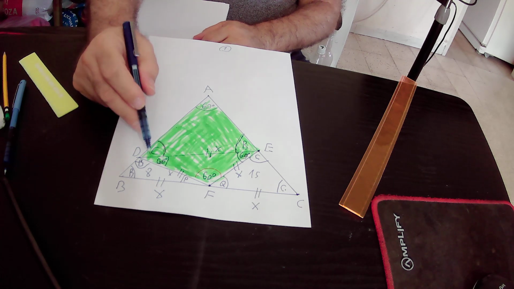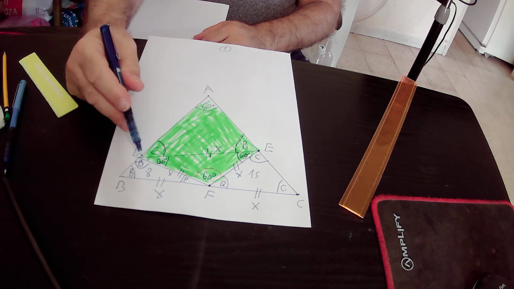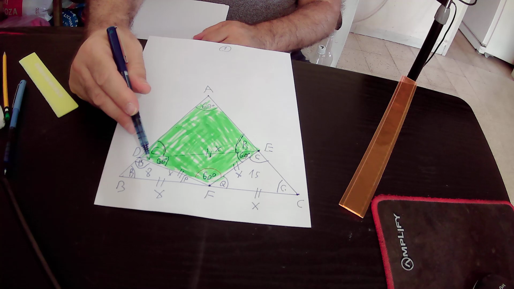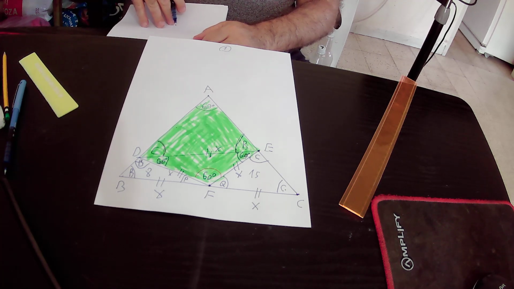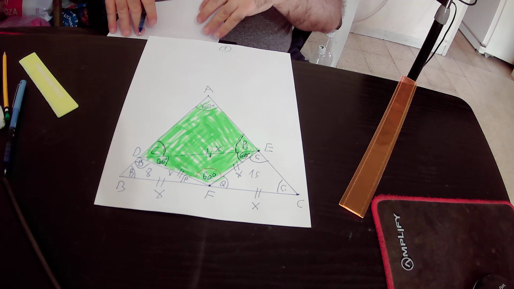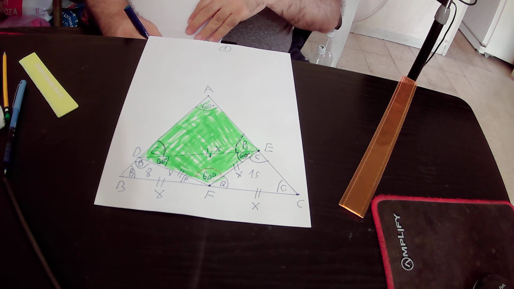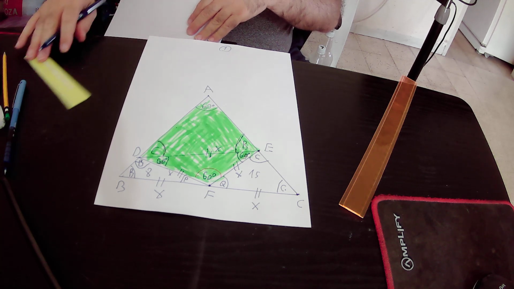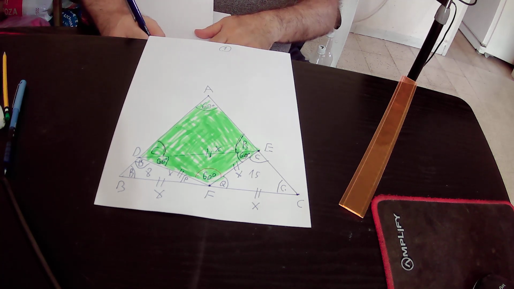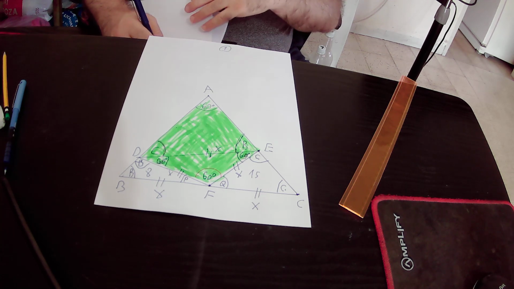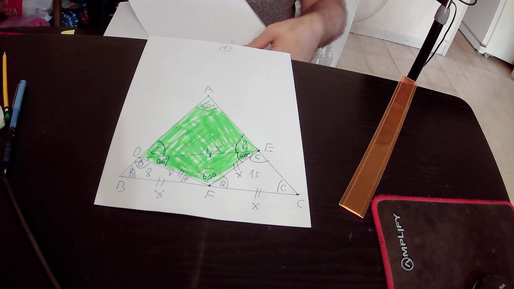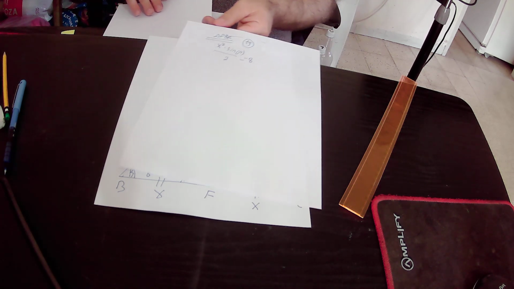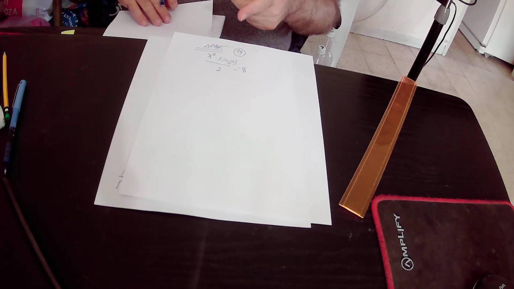That is the area of this triangle, but we know that the area of triangle DBF equals 8 square units. So the area of triangle DBF equals x squared times sine p over 2.